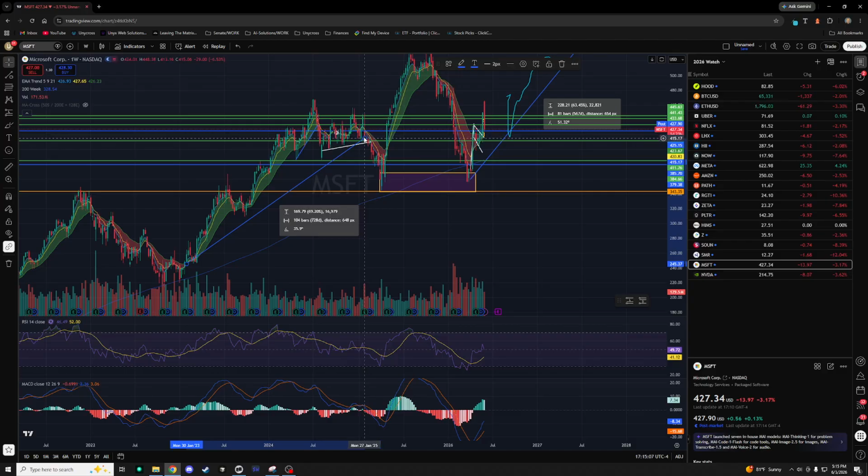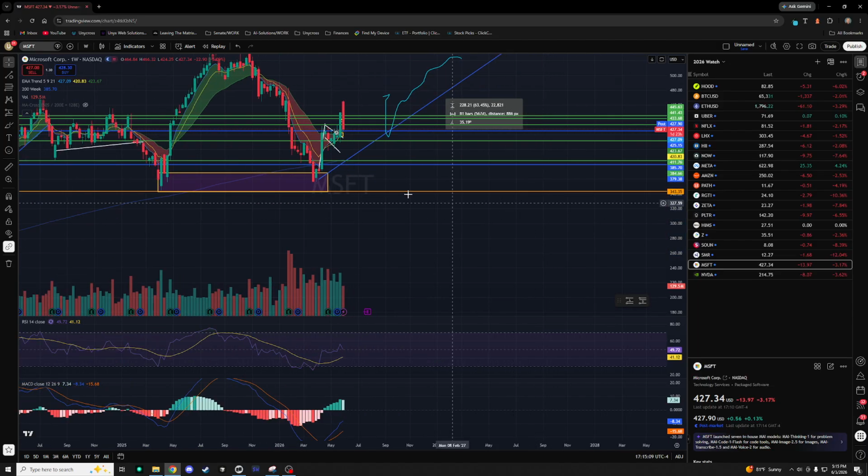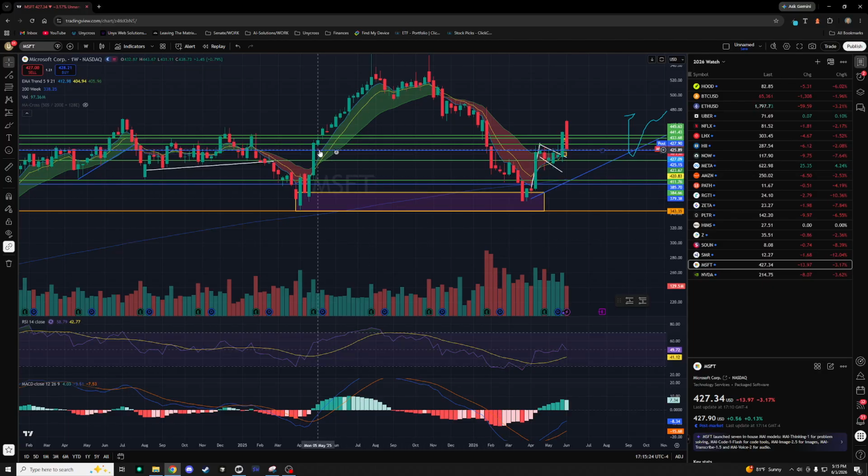All right? So then you were protected through the entire tariff crash. Where's the low here? 20% of downside avoided. And then you got your signal to buy right here on this day. This was the candle right here.